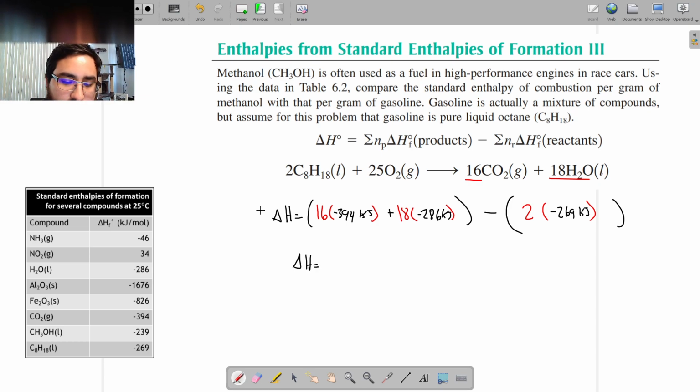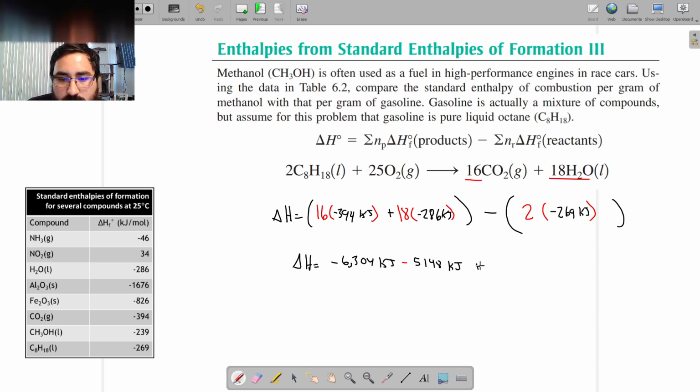So 16 times 394. Well, that was a negative 6,304 kJ. And this 18 times 286, but that's negative, so it's a negative. So we're going to change that plus to a minus. And it is 5,148 kilojoules.